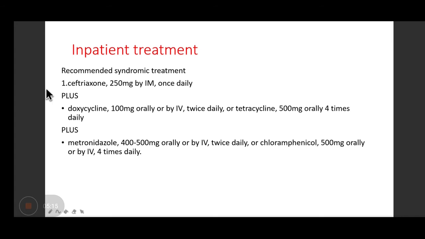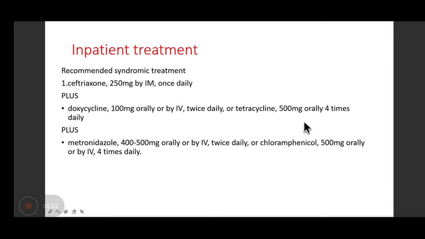So inpatient treatment is generally required when the patient is not responding to outpatient treatment, or if there is any other complication. Then we give ceftriaxone, which is to be given through intramuscular injection once daily.